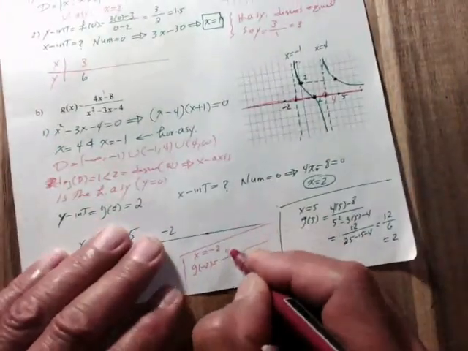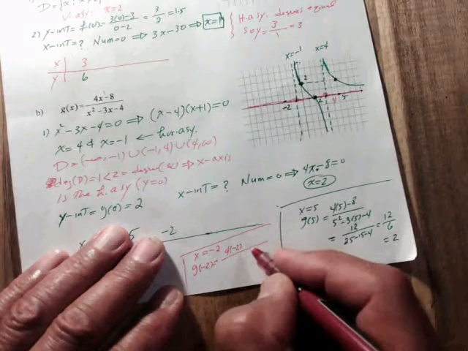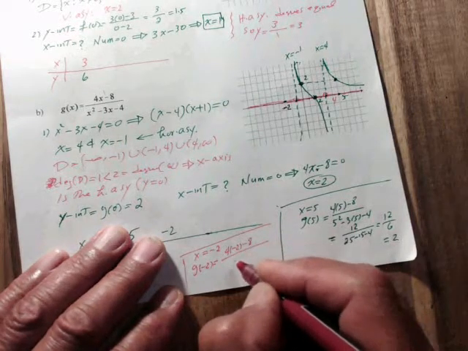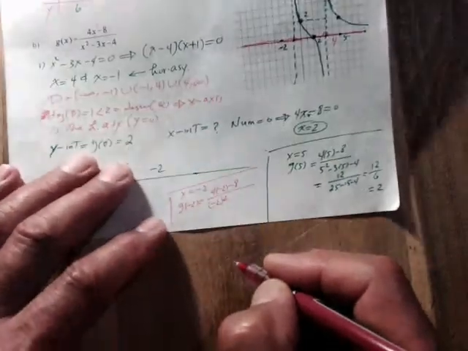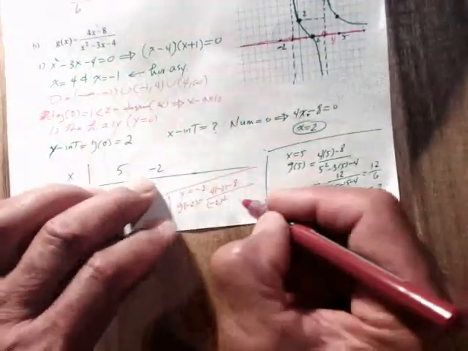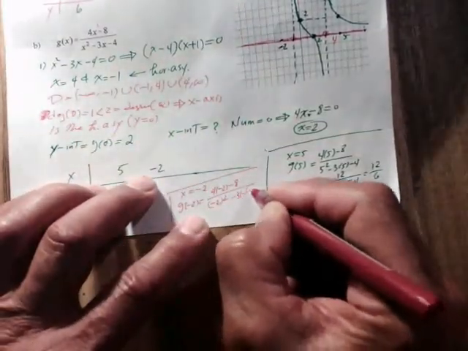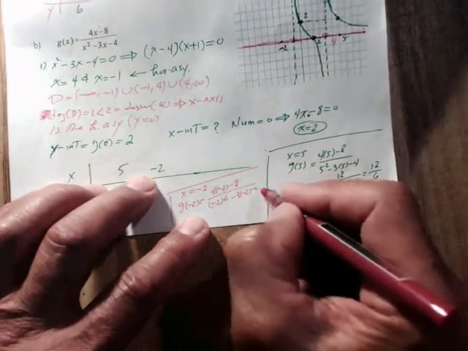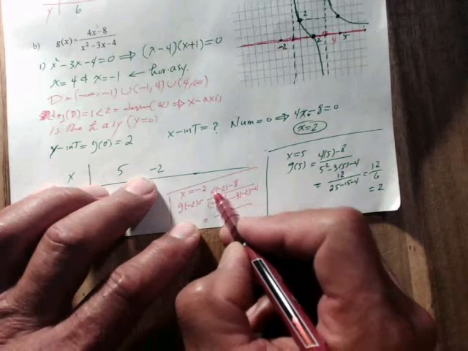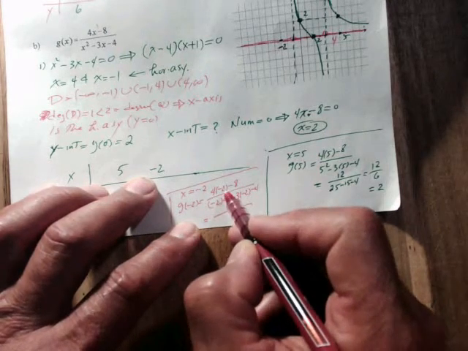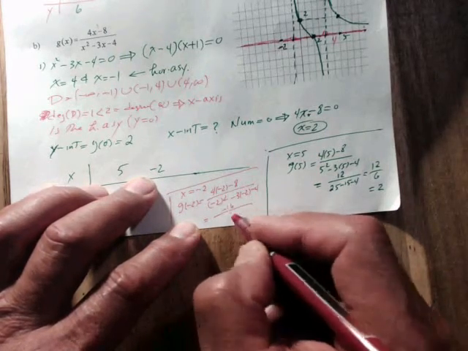So I have 4 times negative 2 minus 8 divided by negative 2 squared minus 3 times negative 2 minus 4. If I simplify this, 4 times negative 2 is negative 8, negative 8 minus 8 is negative 16.